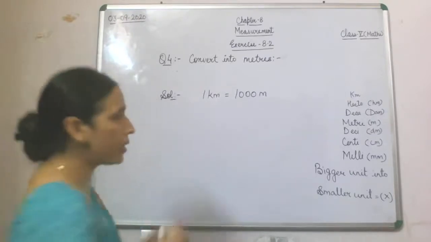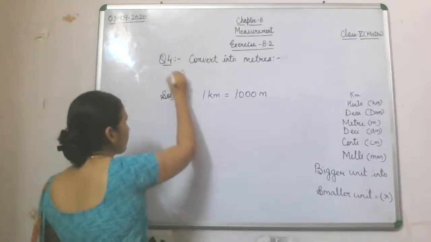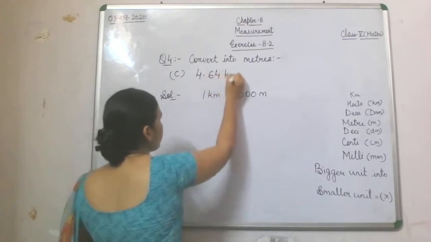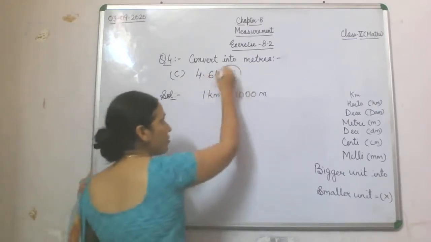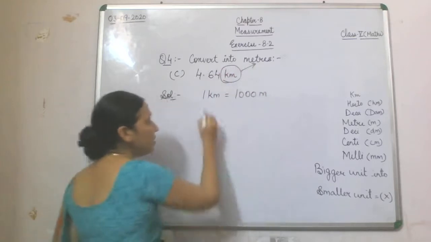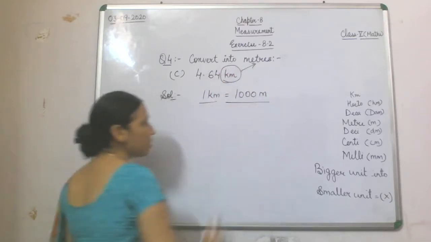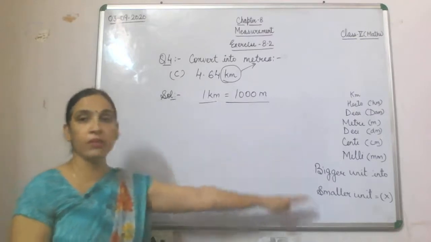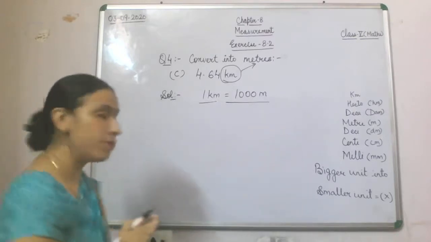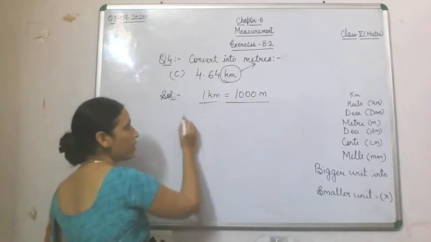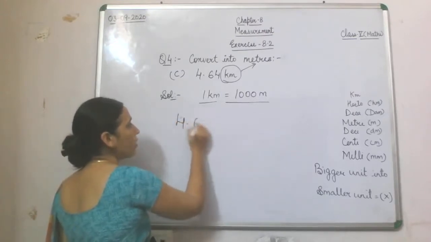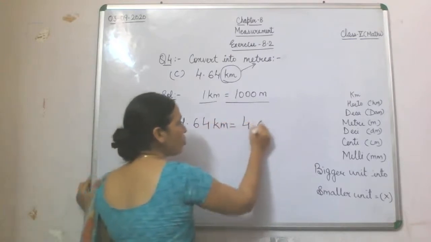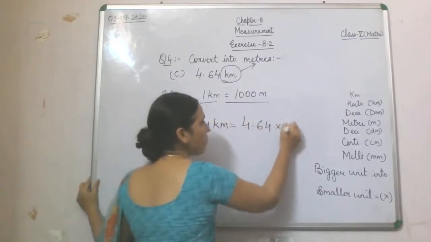Now C part is 4.64 kilometer. Again we have to find the relation between kilometer and meter. We have written 1 kilometer is equal to 1000 meter, because from kilometer to meter we are coming 3 steps down. So 4.64 kilometer will be multiplied by 1000.